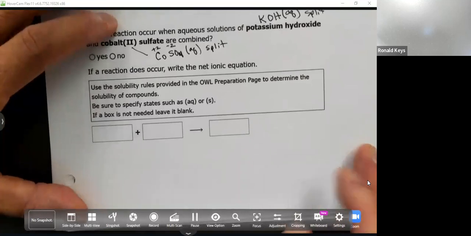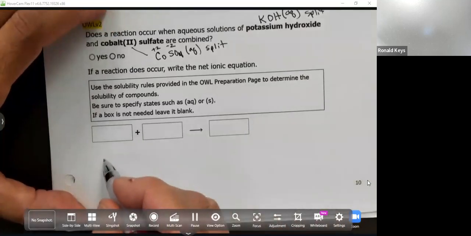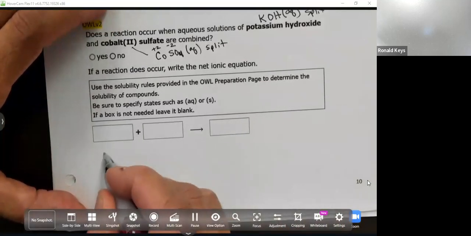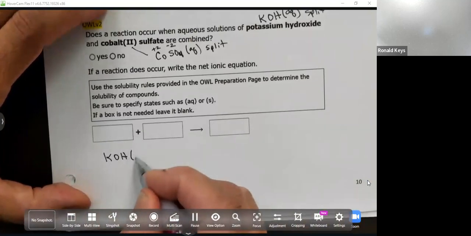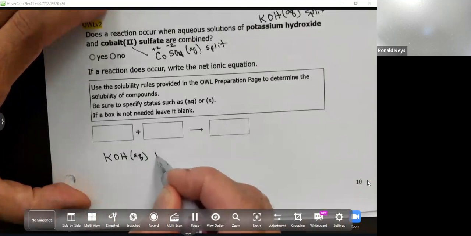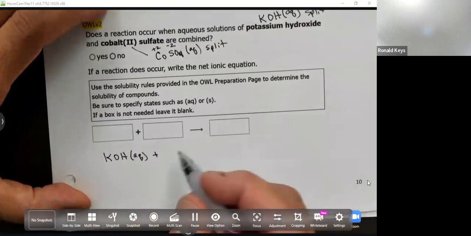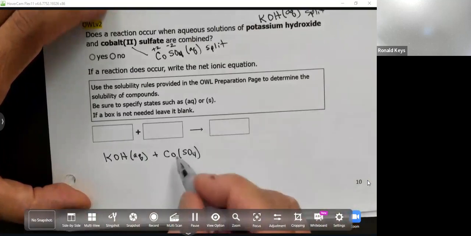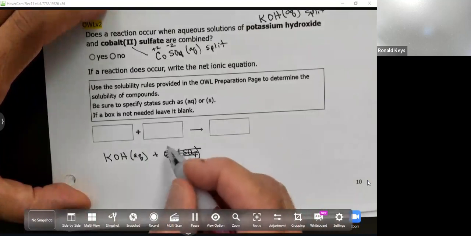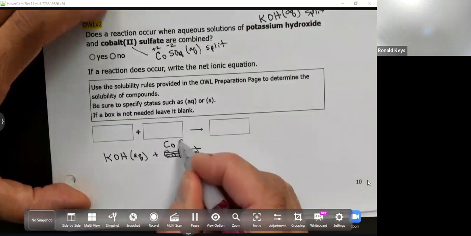So we'll go down here then. So we have KOH with plus cobalt 2 sulfate. I shouldn't put parentheses around that. Cobalt 2 sulfate.